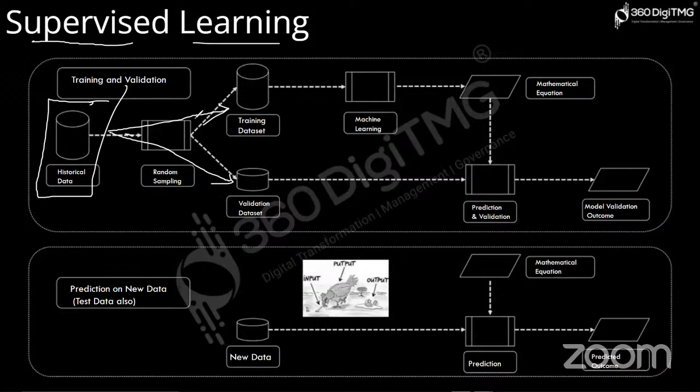This split is done by SRS, the simple random sampling method. So we have a training data set and a validation data set. On this training data set, we will apply a machine learning model to find the mathematical equation which we just told you, so the beta 0 and beta 1 values we try to find here.